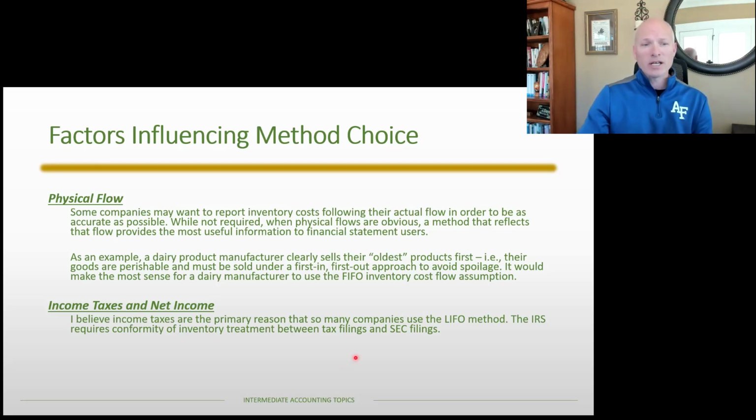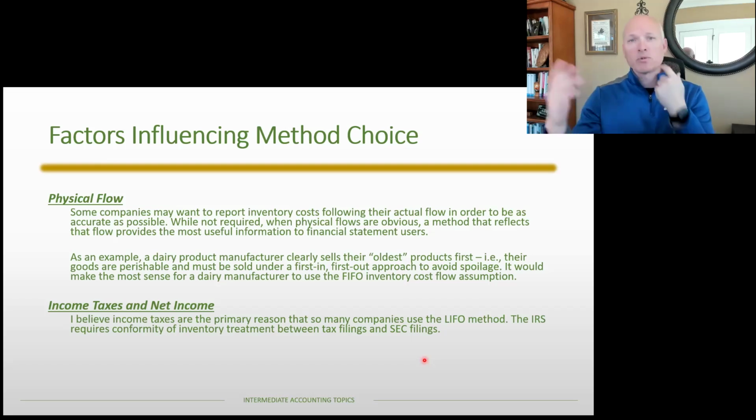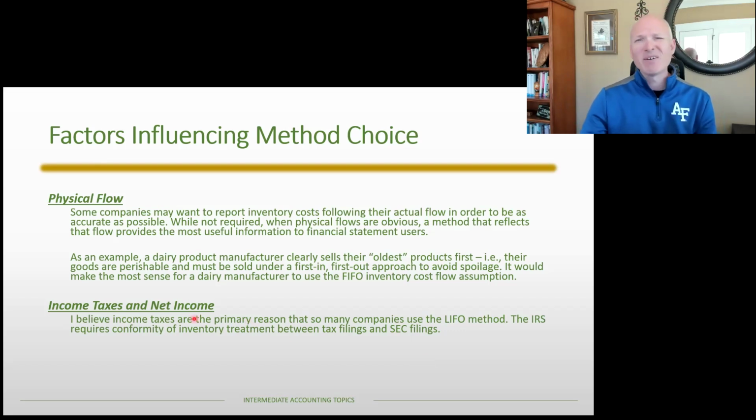But what the IRS did is they said, okay, listen, we will allow you to use LIFO or whatever cost flow assumption you want, but you have to be consistent between what you file with us as the IRS and what you report to the SEC. And so companies report slightly less net income because of the tax benefit, in times where prices are going up. And so that's a major reason that companies might use LIFO. And I forget the percentage, but more companies use LIFO than the other assumptions. Tax treatment is the reason why.